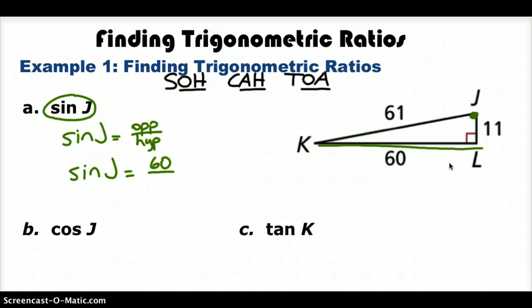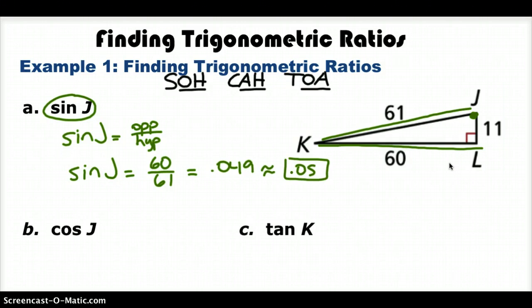The hypotenuse is the side that connects the legs, KJ, so that's 61. All we have to do is take 60 divided by 61, and we end up getting 0.049, which is about equal to 0.05. So that's the sine of J.